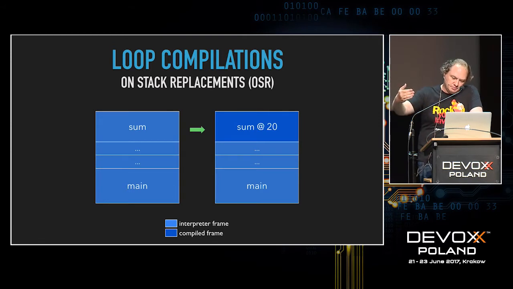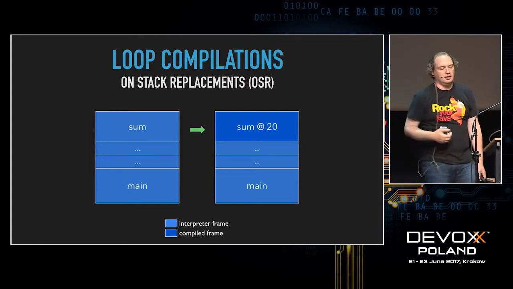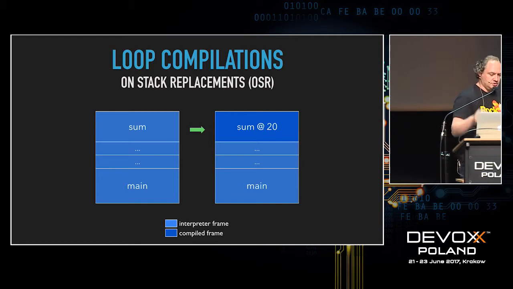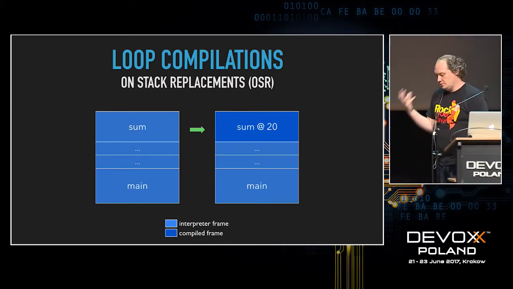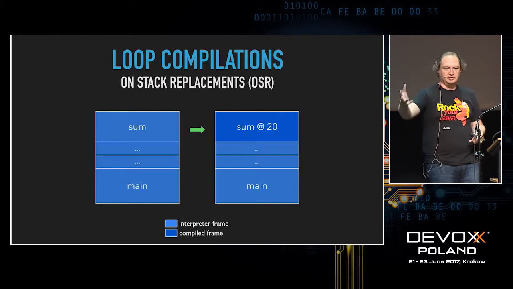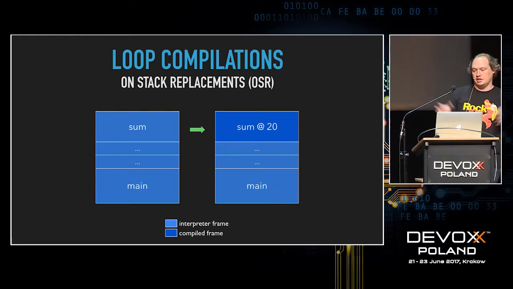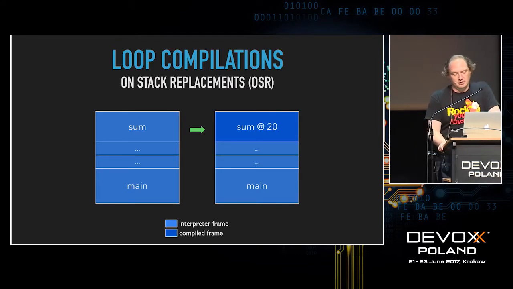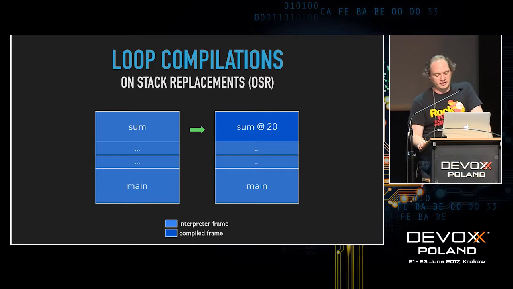It's running in the interpreter, and so we already have an interpreter frame on the stack, and now we want to just-in-time compile just a loop. And once we've done that, we're going to put a machine frame on the stack and copy all the data from the interpreter frame to the machine frame and continue running again. So we're actually changing the execution while it's already on the stack. And that's where the term on-stack replacement comes from. But you can basically think of it as a loop compilation.